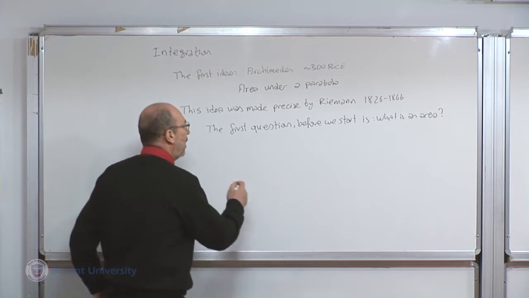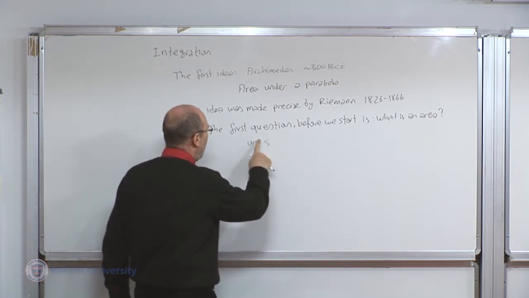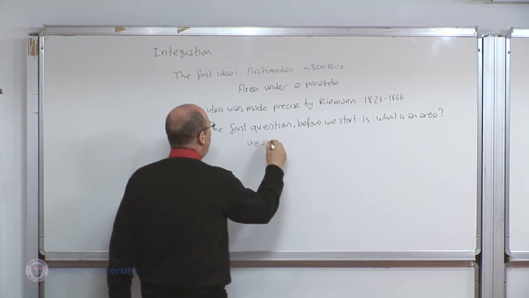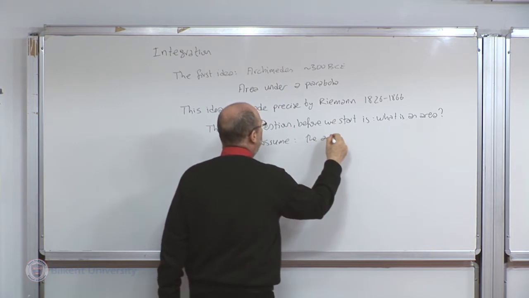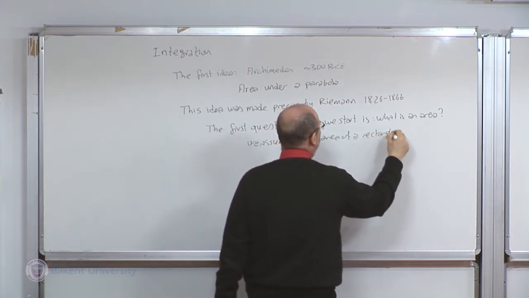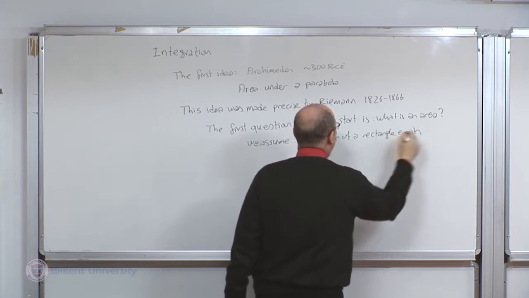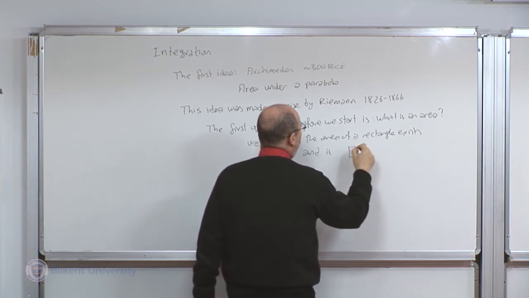Okay, so we normalize it by saying that first we assume the area of a rectangle exists and is the product of its width and length.